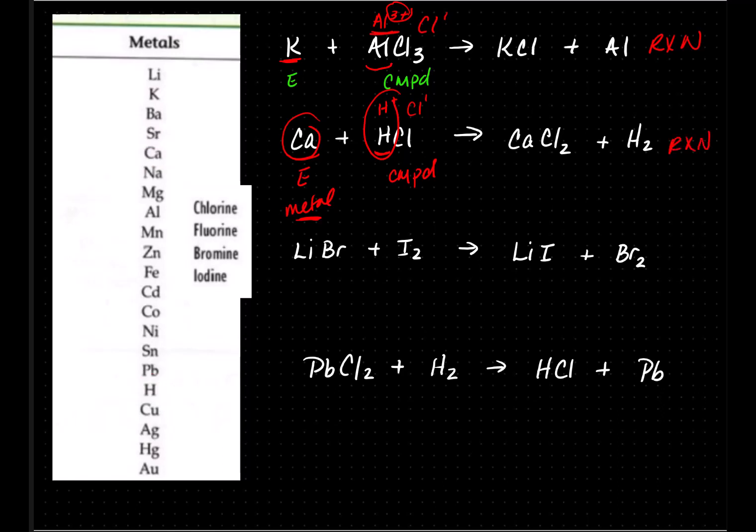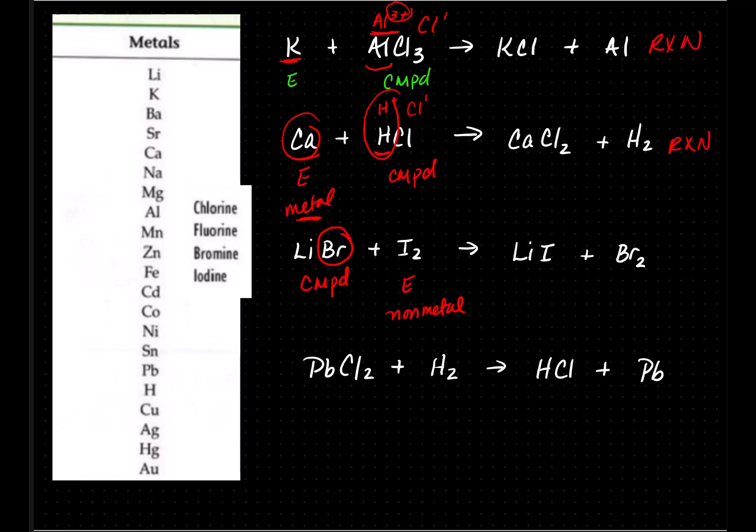Lithium bromide plus iodine. The lithium bromide is a compound. Iodine is an element. Remember, iodine is a diatomic. When it's alone, it occurs in pairs. So we know I2 is a nonmetal, so the nonmetal must replace a nonmetal. Here the nonmetal is bromine.